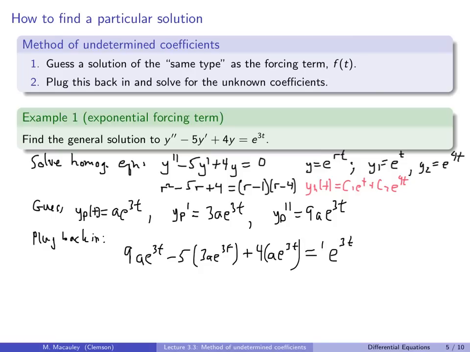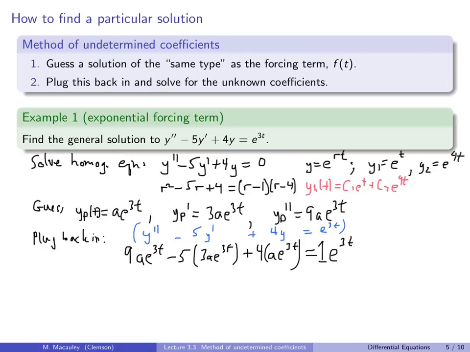Sometimes it helps to put a 1 right there. So notice this is just y double prime minus 5y prime plus 4y equals e to the 3t. That's exactly what we put right here.